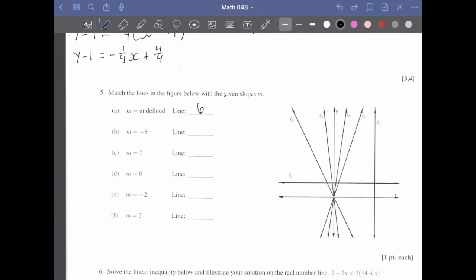So m equals negative 8. So I'm going to choose the one that's wide. Since it's negative 8, that means they're going down 8 and then over once to get to the next point.